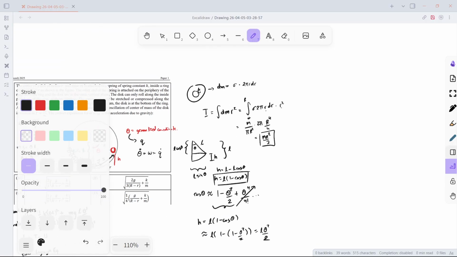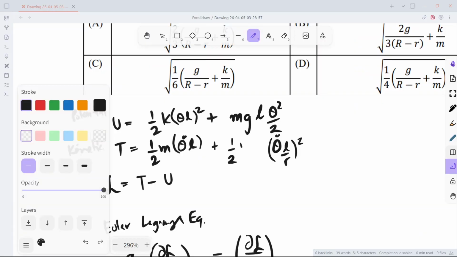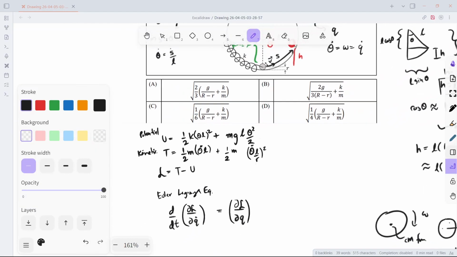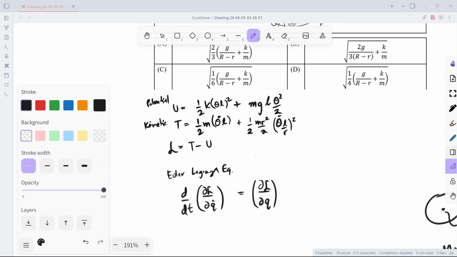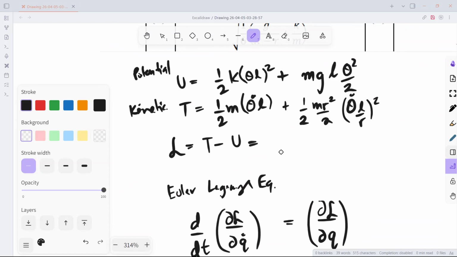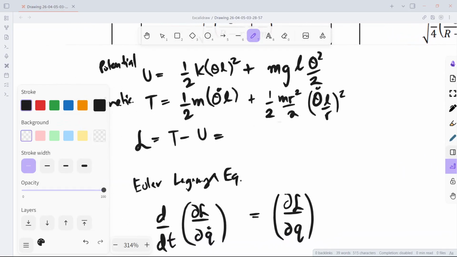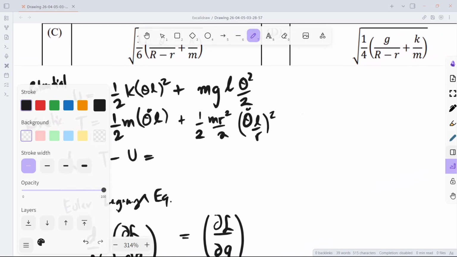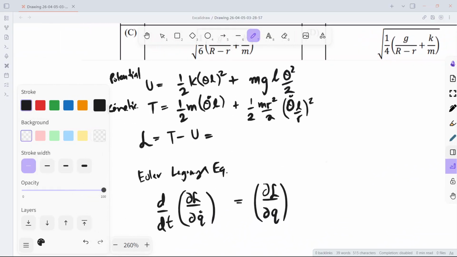It's the moment of inertia of a disk, half m r squared. And that's it. That's all there is to Lagrangian mechanics, as far as physics goes. Now all that is left is computation.